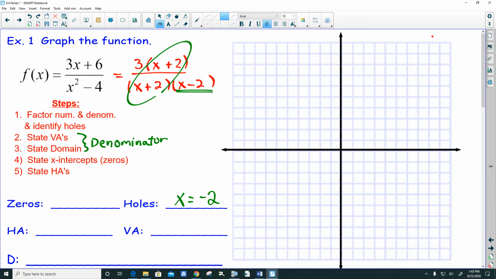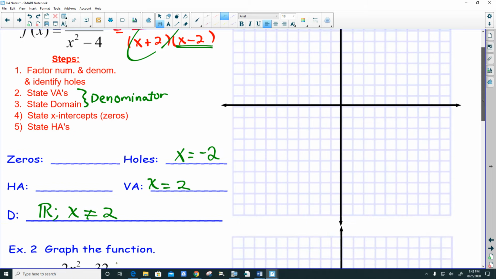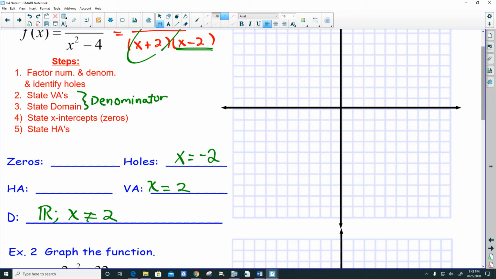I would say that the vertical asymptote is at x equals 2. And then I also would say that my domain is all real numbers, but x is not allowed to equal 2. As you find these asymptotes, you definitely want to place those onto your graph. So we would want to put a dotted vertical line. We want to label that at x equals 2.